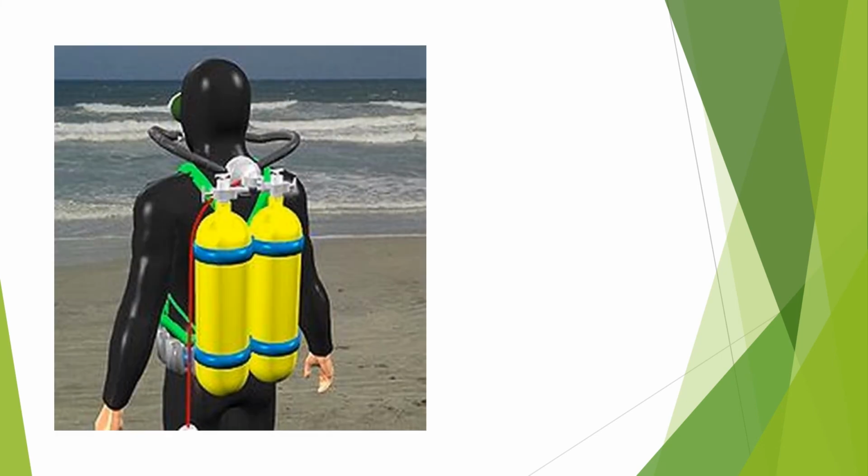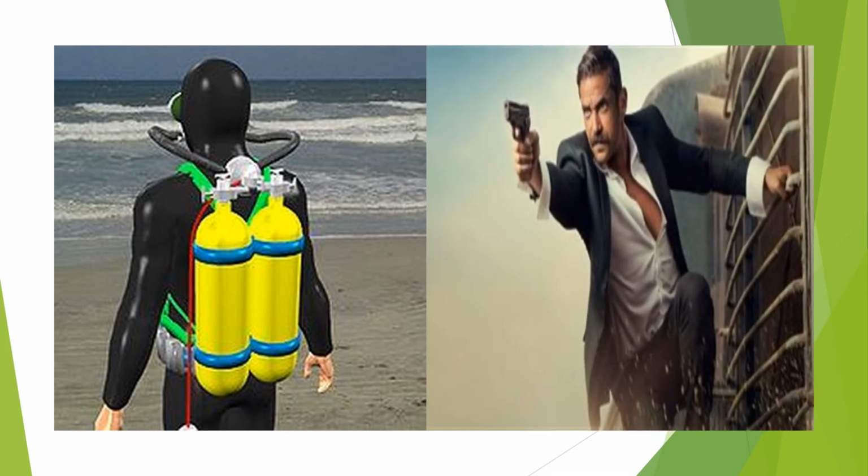So now let's play together. See the picture and think which blood component it indicates. Right, the red blood cells. Due to the presence of oxygen tubes, red blood cells carry the oxygen throughout the body. Correct. The white blood cells, the defending system.